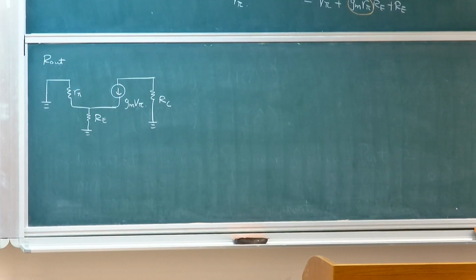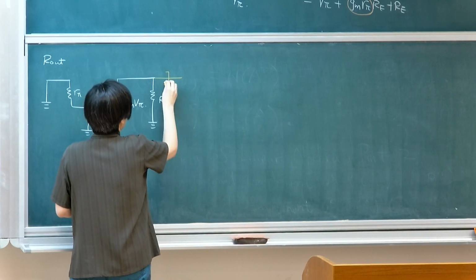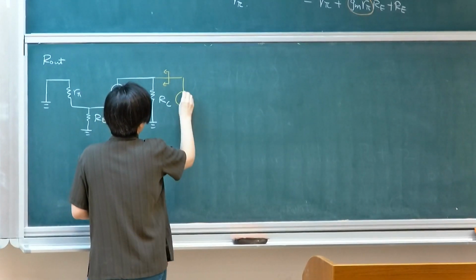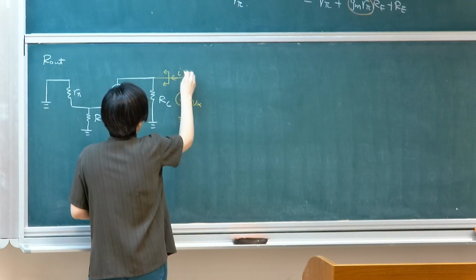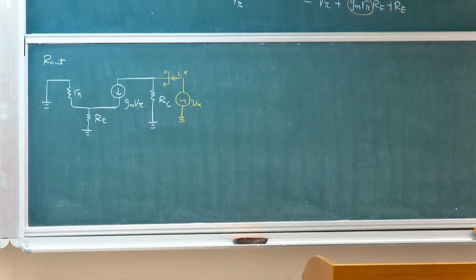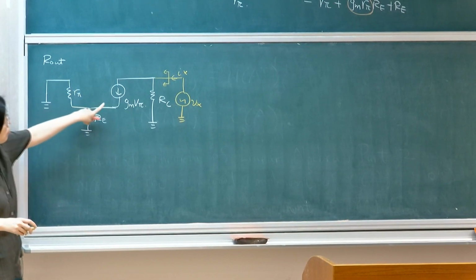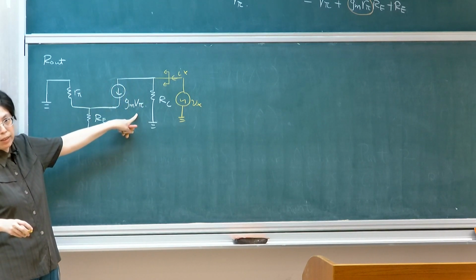Okay, if this is the case, we want to look at the output resistance coming in. You can do the test, or just simply look at this case, in this case Ix. Because I'm setting my input to 0, you're assuming that this part is an ideal current source anyway.